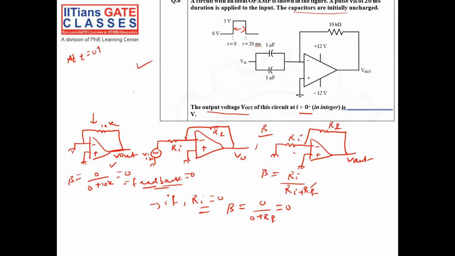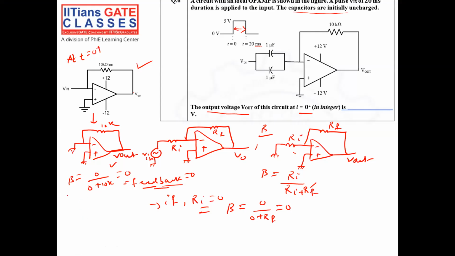In this circuit, V in negative is equal to 5 volts and V in positive is equal to 0 volts. Since there is no feedback, it will behave like a comparator.